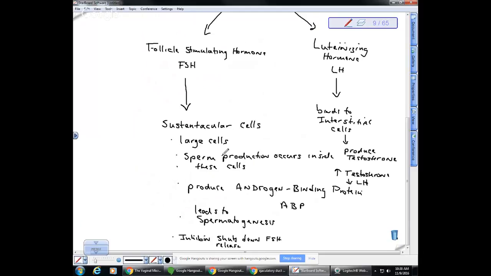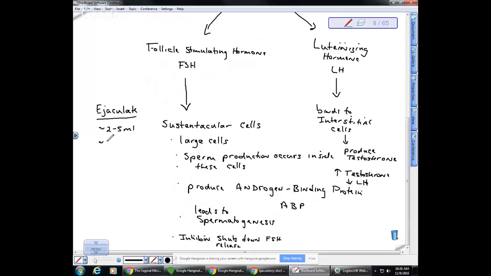Okay, so if we look at the semen, the ejaculate, so what the male ejaculates, it is about 2 to 5 mils of fluid, and it contains 50 to 130 million sperm per milliliter.